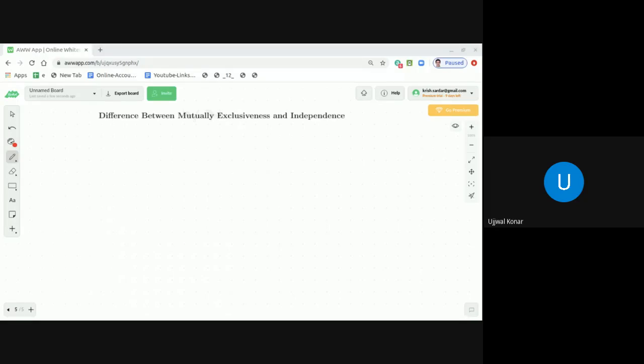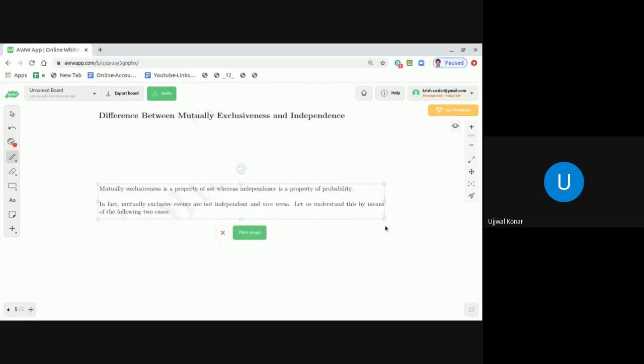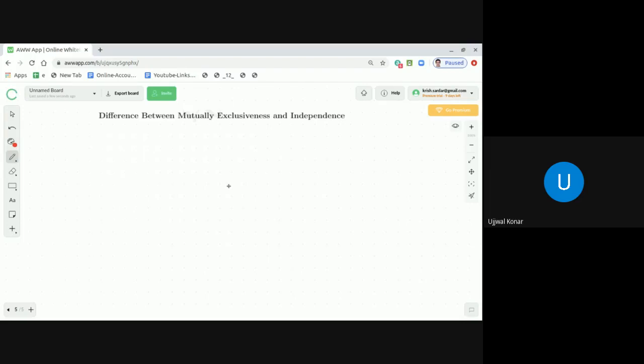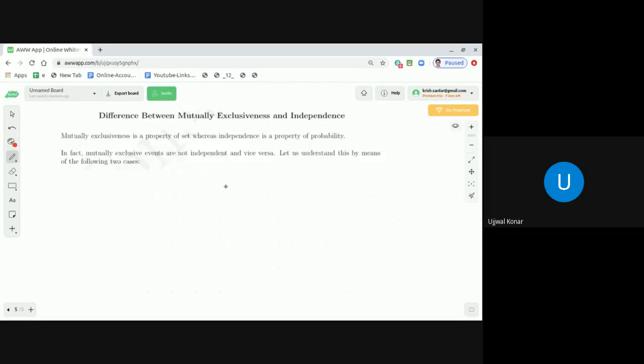So, let me first write down the statement and then I'll explain in details. So let me read out, dear students. Mutually exclusiveness is a property of set, whereas independence is a property of probability.